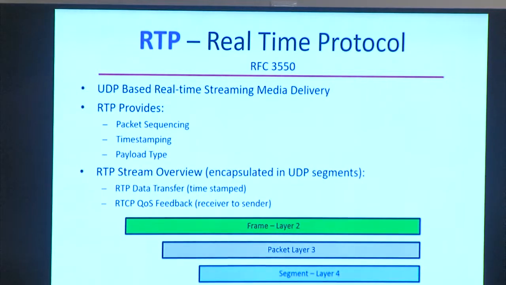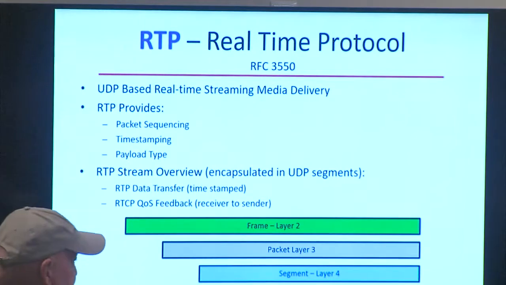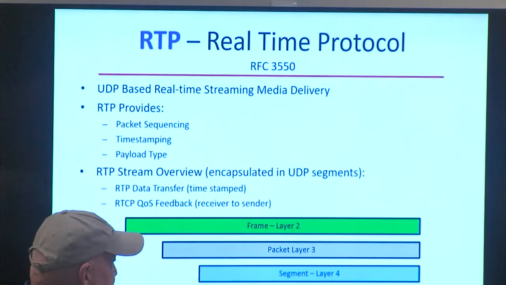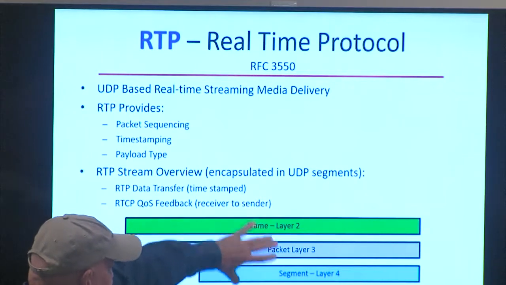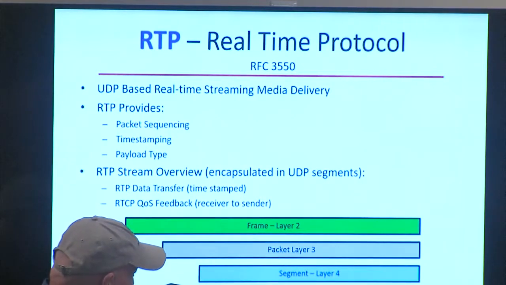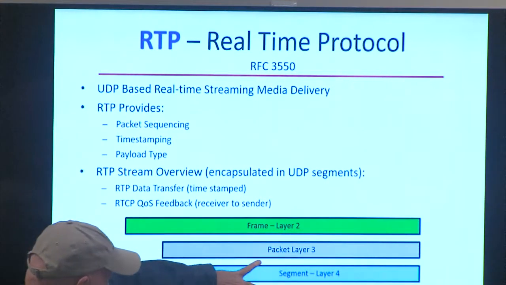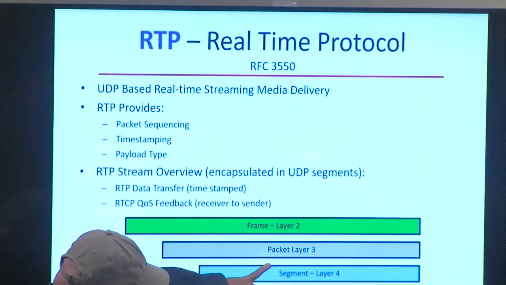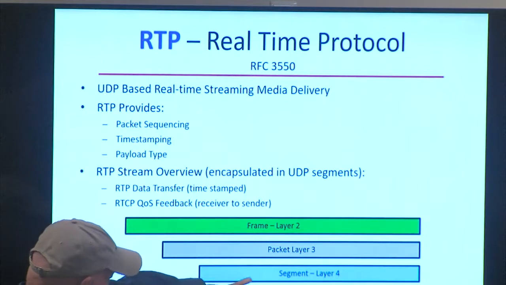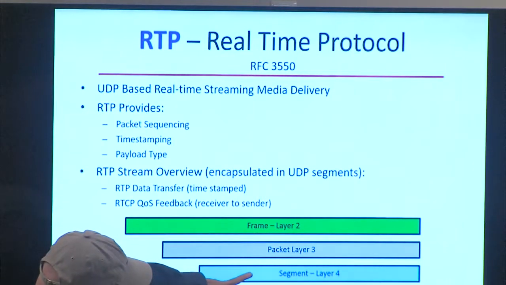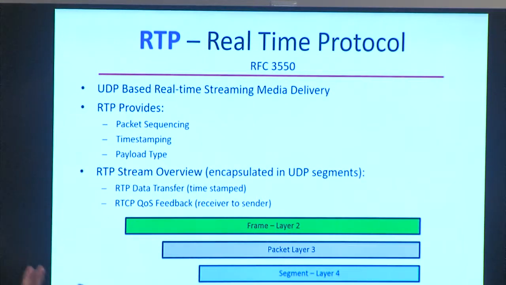And again, it is information that is generated at layer 5 and is encapsulated in the payload section, and it has an associated RTP header that, again, is encapsulated within UDP.